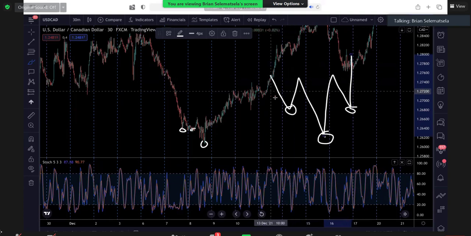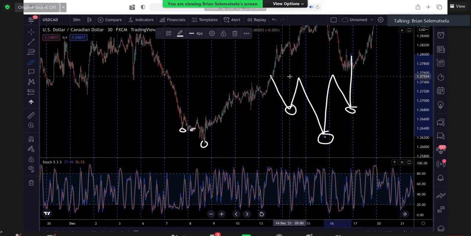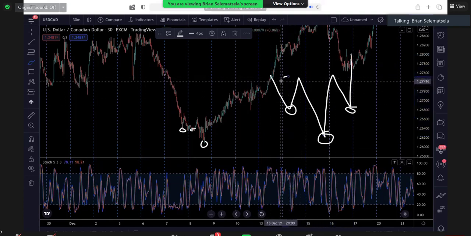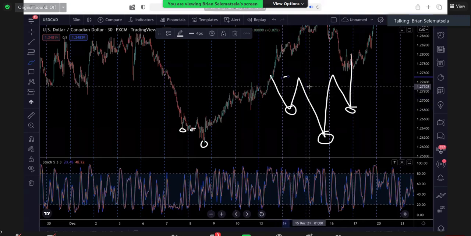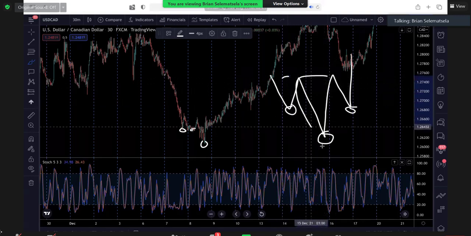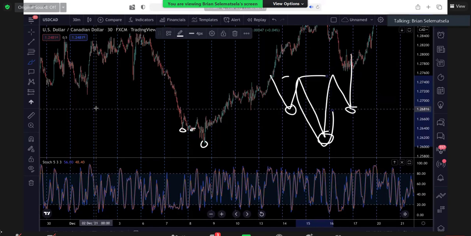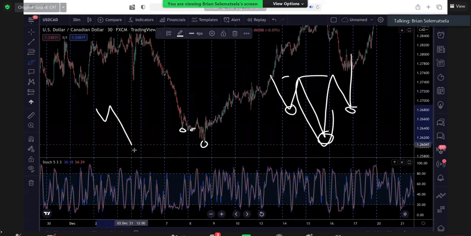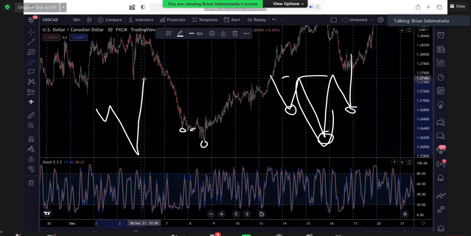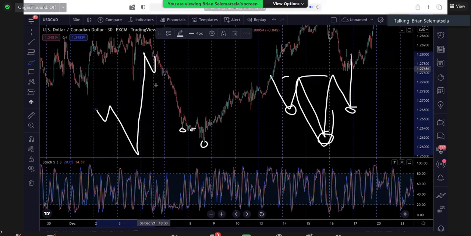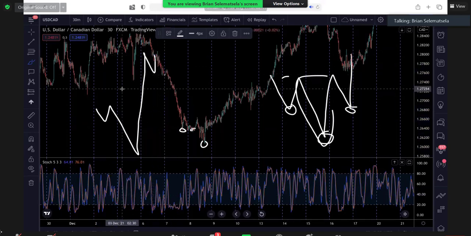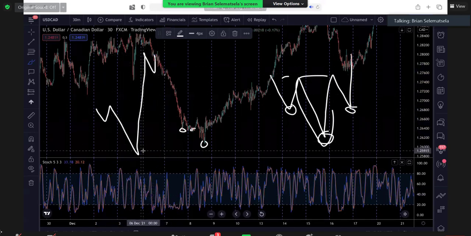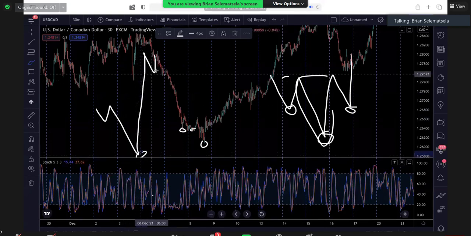It doesn't matter about the sizes, because sometimes you find that this part is very big, and this one actually forms here. But at the end of the day, these first 2 points are always there.